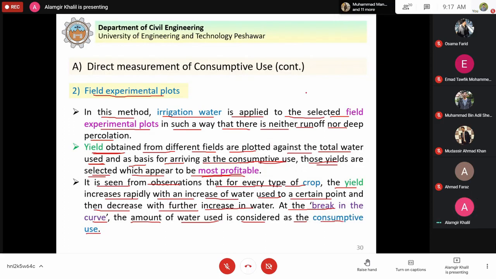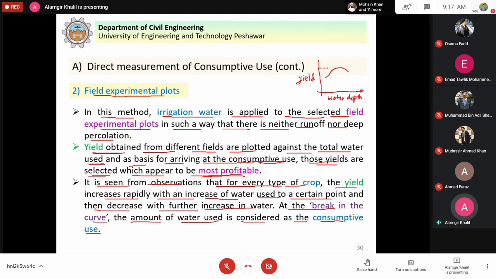What we mean here, if I draw the graph, is that we have the water depth, that is the water that we apply to the crops, and we have the crop yield. When we supply the water, the crop yield also increases, and when we continue to supply the water, after a certain condition the crop yield will decrease.